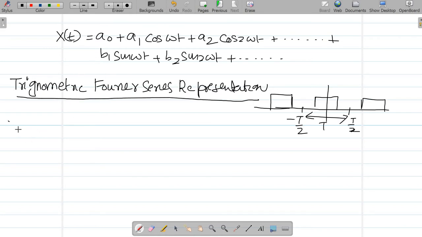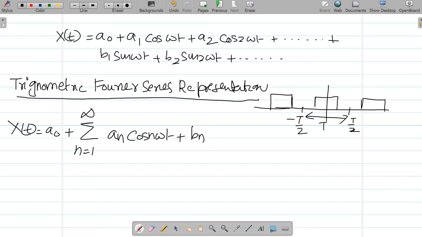So let us again write x of t equal to a naught plus summation from 1 to infinity of a n cos n omega naught t plus b n sin n omega naught t.